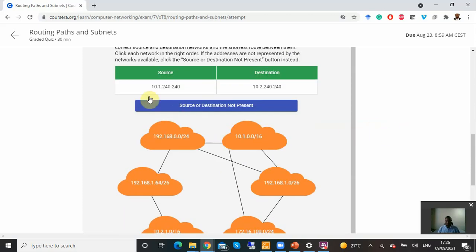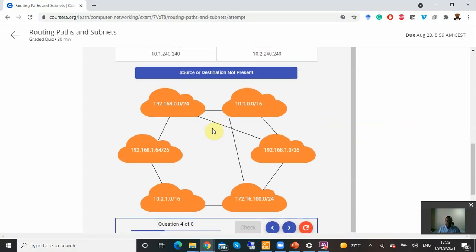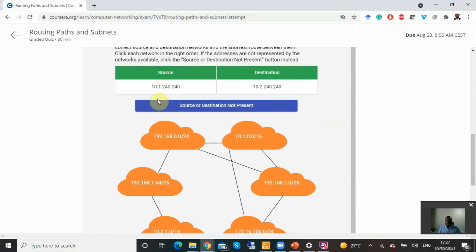For question number 4, the source IPv4 address is class A. Destination is also class A. So what we'll be looking for is network space of class A to class A. For the source, we have 10.1.240.240.